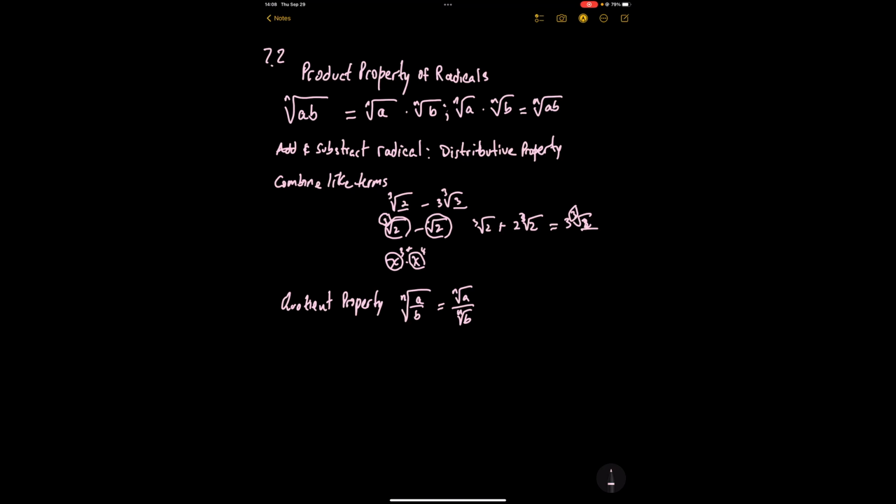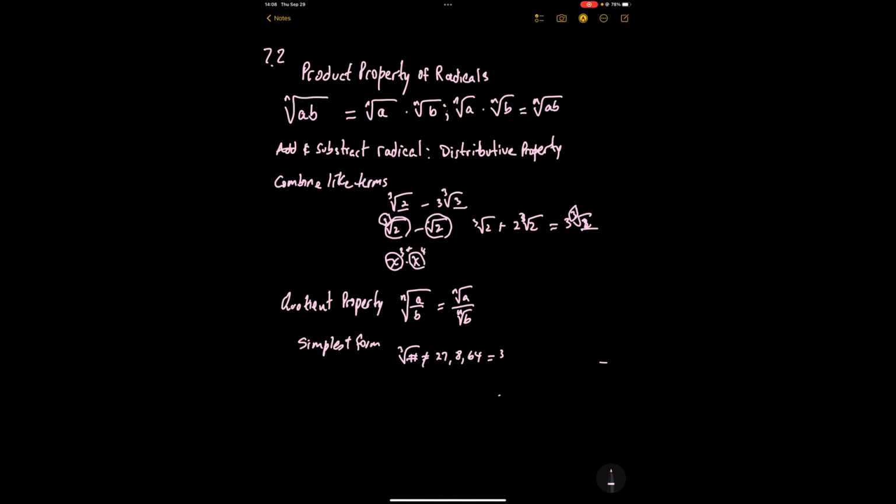So if the index is 3, then the number here cannot be equal to a power of 3. So it cannot be something like 27. It cannot be something like 8. It cannot be something like 64. Why? Because if you take the cube root of 27, that will be equal to 3.